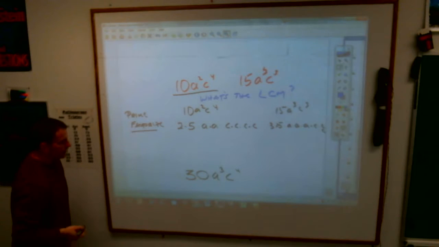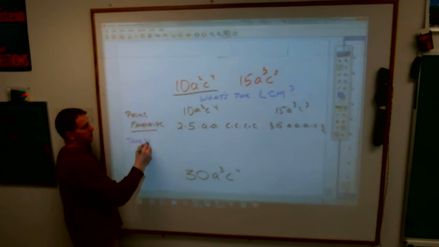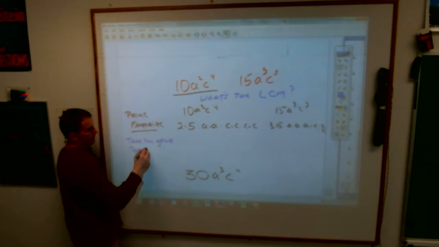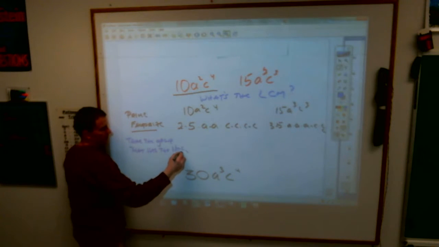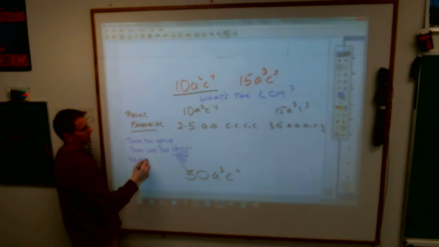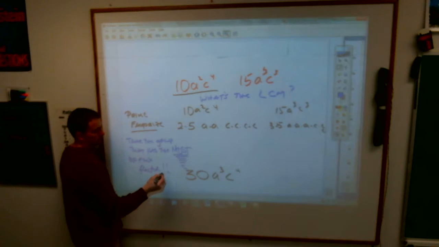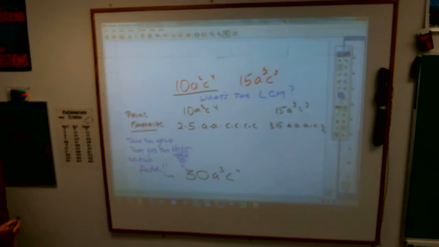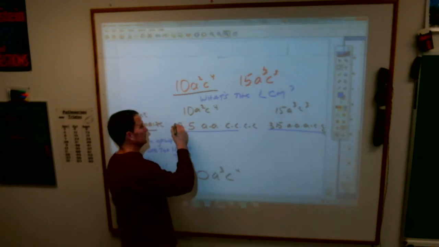Okay. Here is what you do. You take the group that has the most of each factor. You look at this as two different groups. Which group has the most 2's? This one, so I take 2.